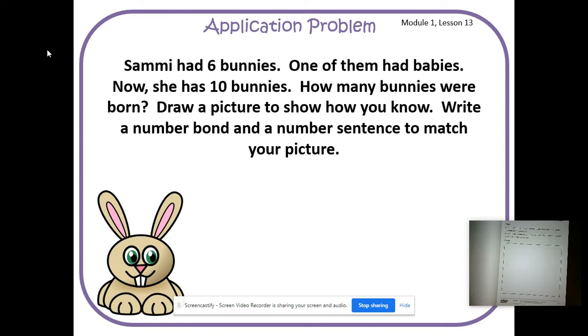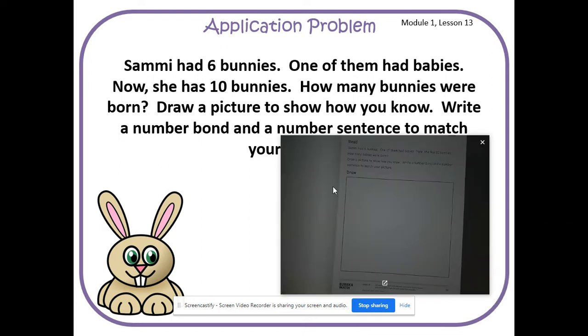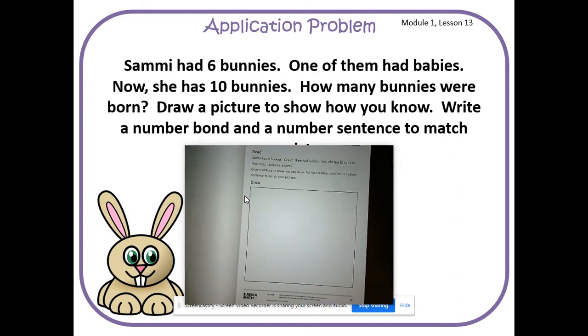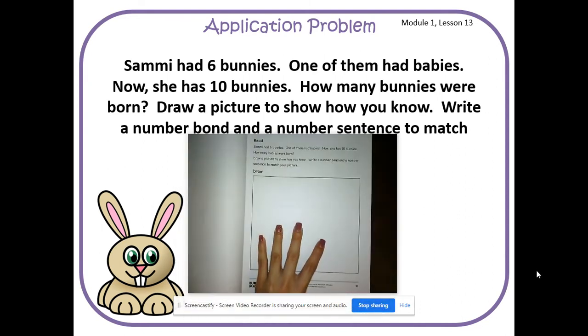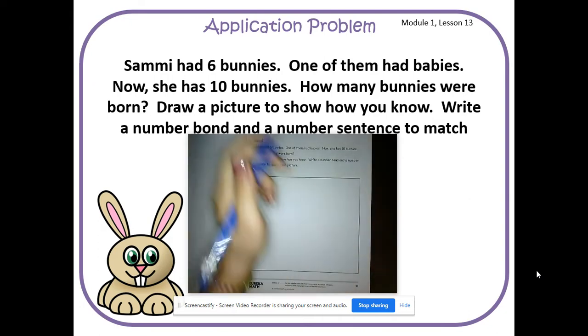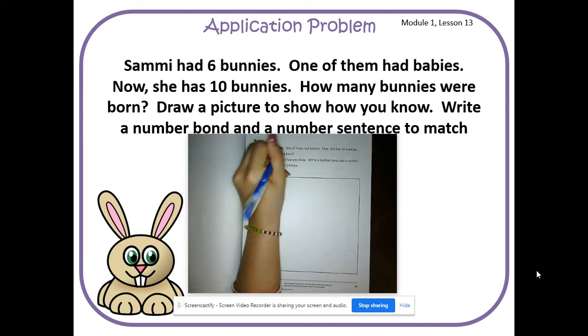At this point, you should have already found the page. And now we're going to start by reading and underlining. Let me see if I can make this screen bigger so that you can see it on my book. Ready? Pencils up. Sammy had 6 bunnies.